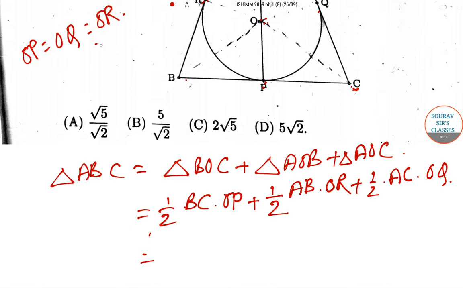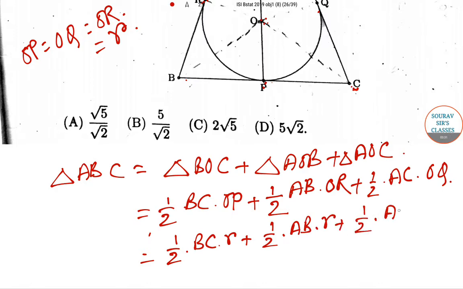So let us take it as R. So half into BC into R plus half into AB into R plus half into AC into R. Now taking half R common, we are getting BC, AB and AC.